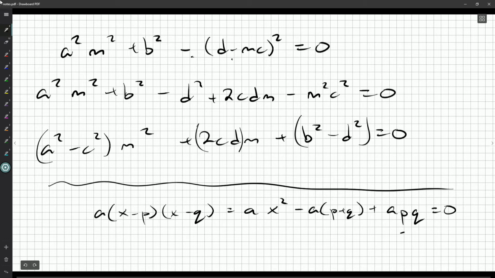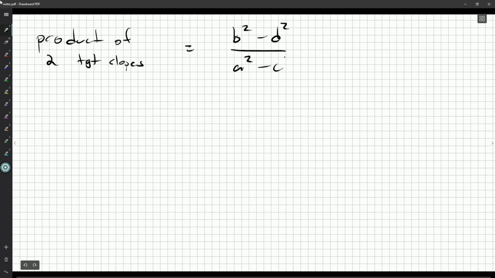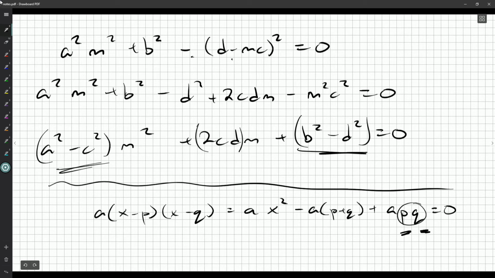And so if I want my two roots, my two slopes, and I want the product of them, I take the constant here and divide it by the coefficient of m squared here. So the product of the two tangent slopes must be (b squared minus d squared) over (a squared minus c squared). All right? And this should be -1.